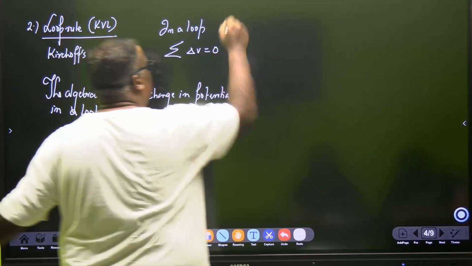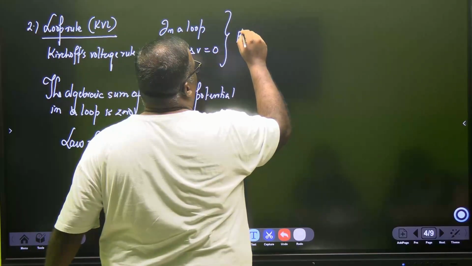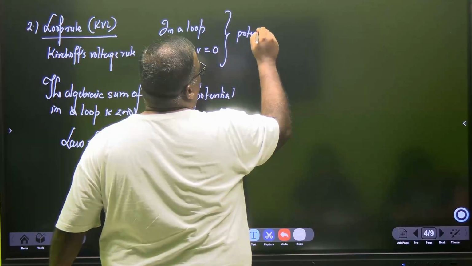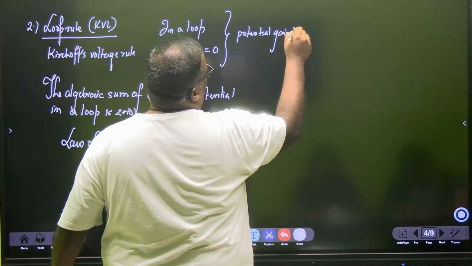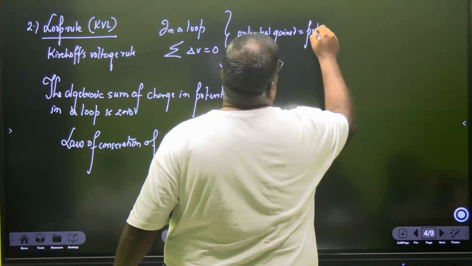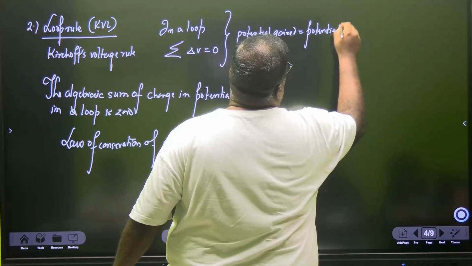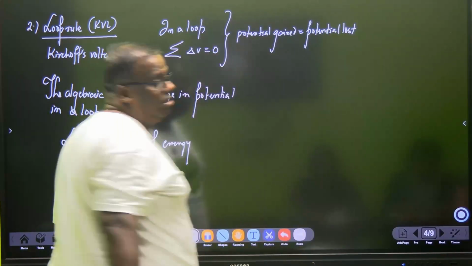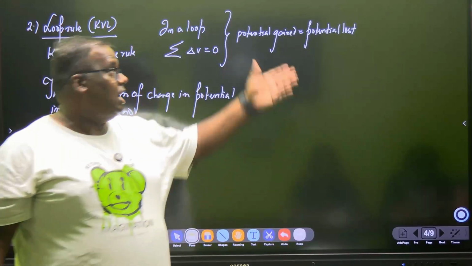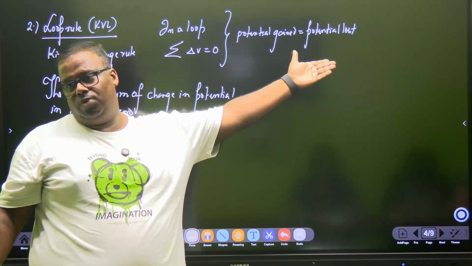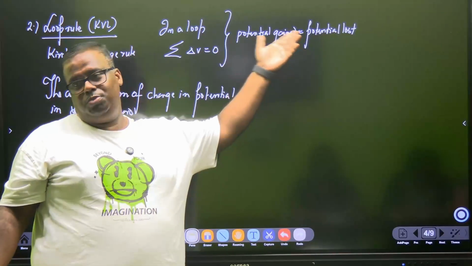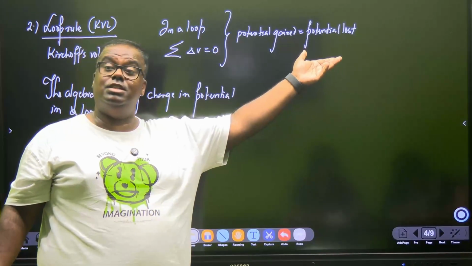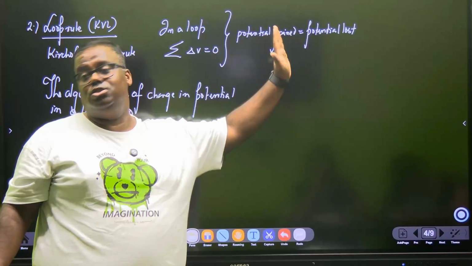In other sense, I can say potential gain should be equal to potential lost. Only then there is no change. Do you agree? You gained 5 rupees, you lost 5 rupees. Is there a gain in the money that you hold? No. You gained 2 rupees, you lost 3 rupees. Then there is a change in the money that you hold. That is not applicable here.